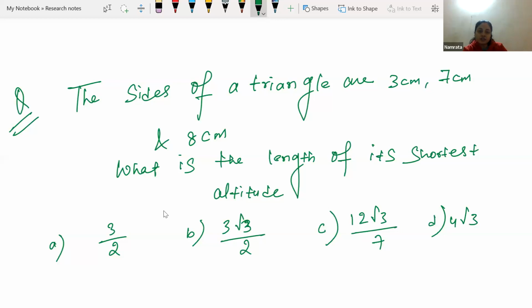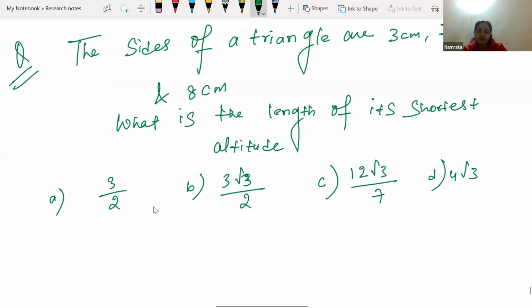Okay, let me draw this triangle. One of the sides is 3, another side is 7, and the third is 8.